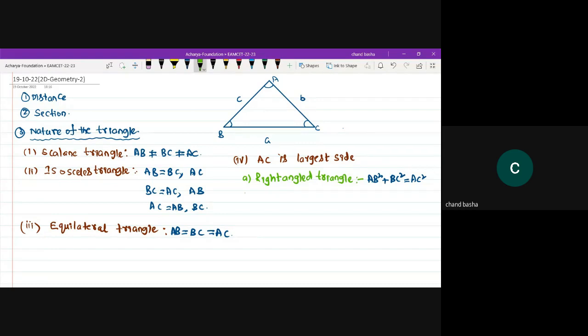And the second point is the right angled isosceles triangle.